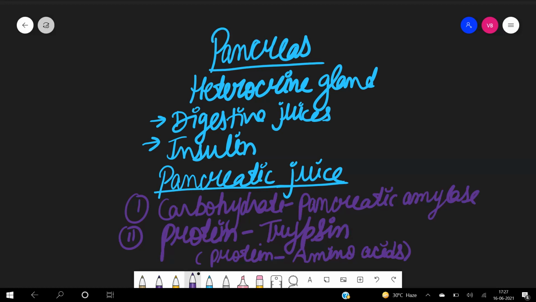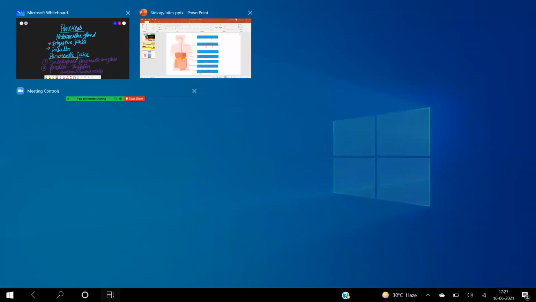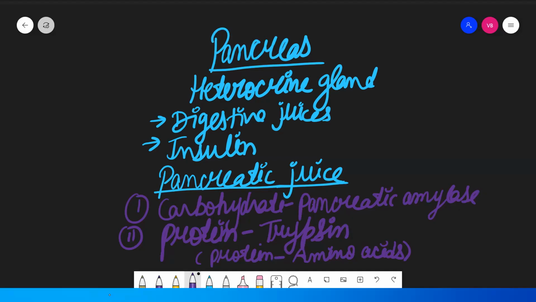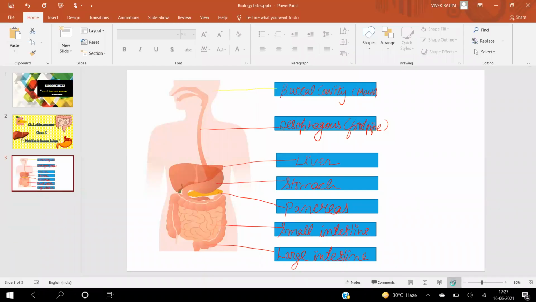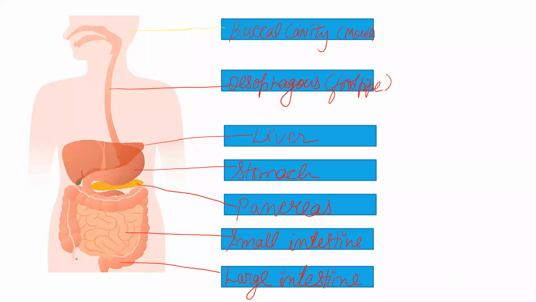So let us revise the diagram again. What are the various organs that were present? Let us see. So, buccal cavity, inside the buccal cavity, teeth and tongue were present. Number of teeth in human is 32. The dental formula 2, 1, 2, 3, you have to learn it.